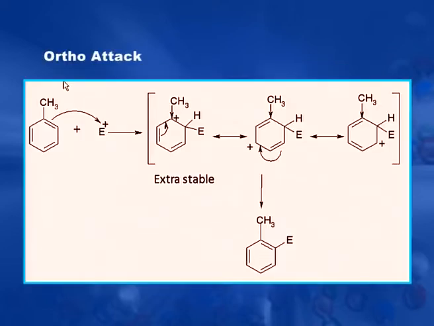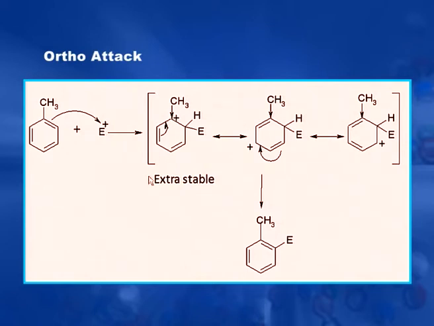So, if we see the ortho attack of an electrophile on toluene, this intermediate will get formed. So, there is a resonance between these three structures, and now see in this first structure the positive charge is present on that carbon which is directly linked to the methyl group, and the methyl group has an electron donating inductive effect. So, it stabilizes this positive charge more.